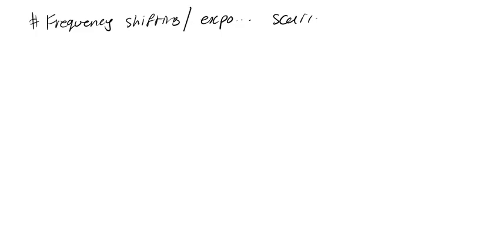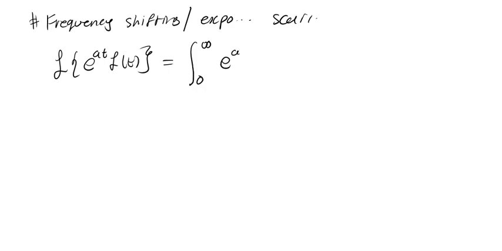Okay, so the frequency shifting is basically when you have, let's say, e to the at times f of t. So you're looking for the Laplace transform of the combination of these. If you think of it in terms of the actual definition, if you write it as an integral, it's the integral from 0 to infinity of e to the at, then f of t, then again e to the minus st dt, like that.